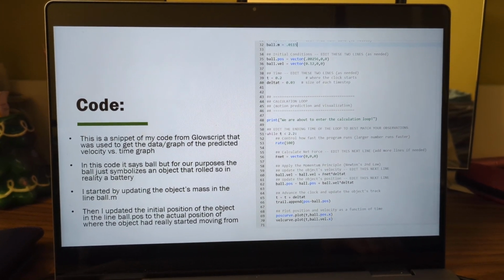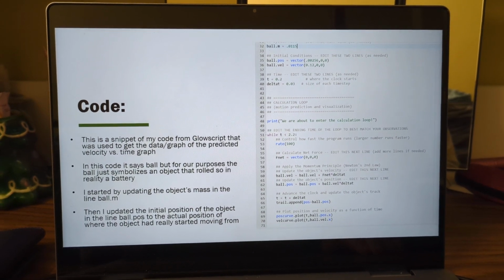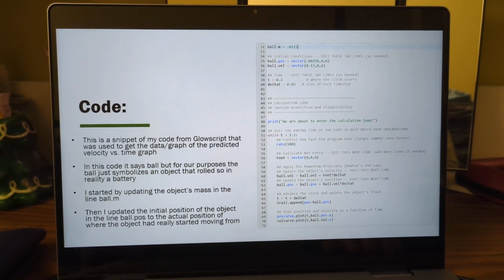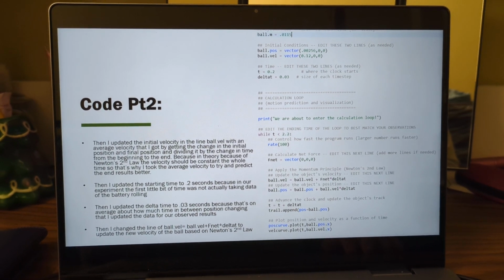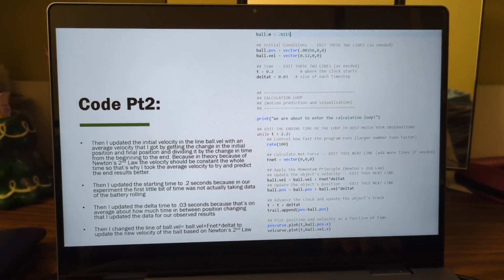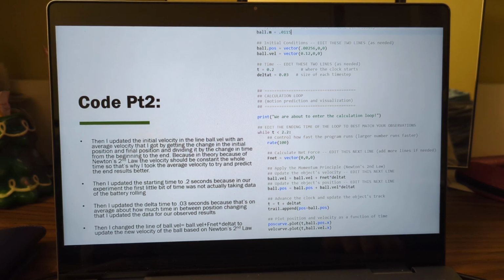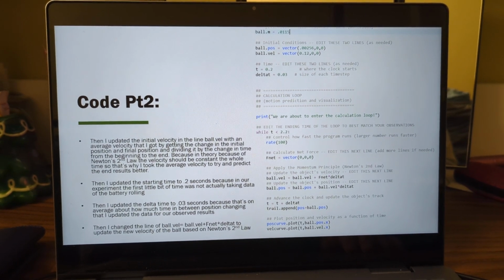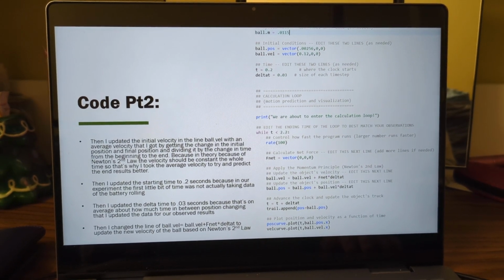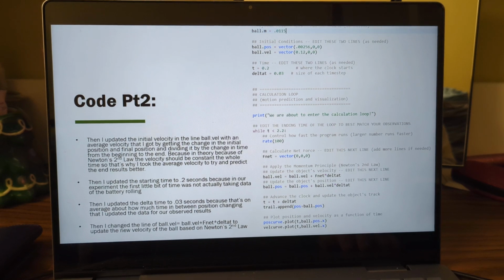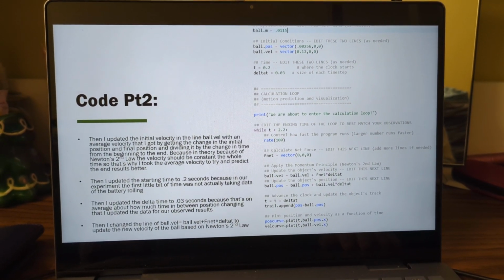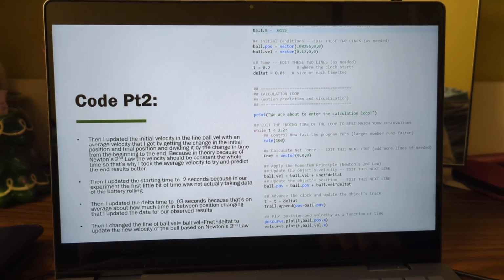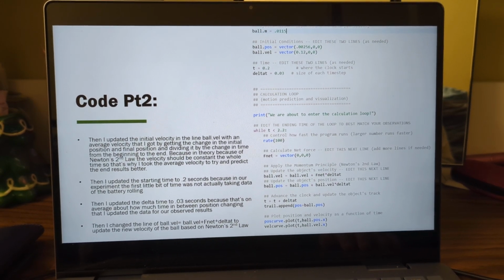I started by updating the object's mass, then I updated the initial position, then I updated the initial velocity in ball.velocity with an average velocity that I got by taking the change between the initial position and final position and dividing it by the change in time from the beginning to the end. Because in theory, because of Newton's second law, the velocity should be constant the whole time, that's why I took the average velocity to try and predict better end results.